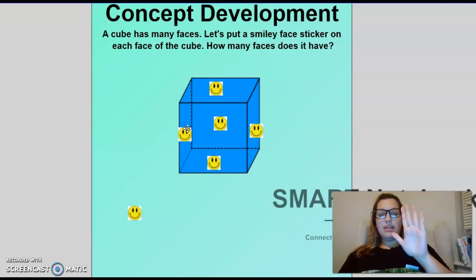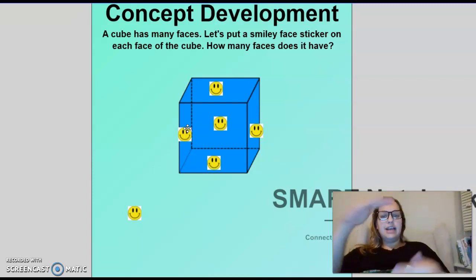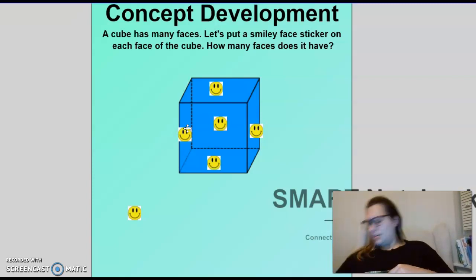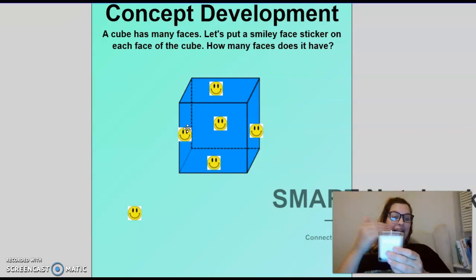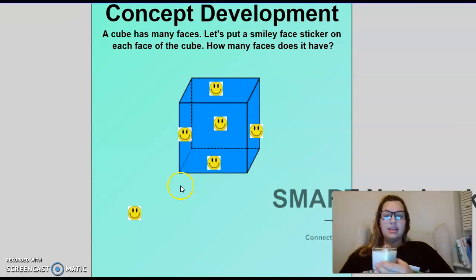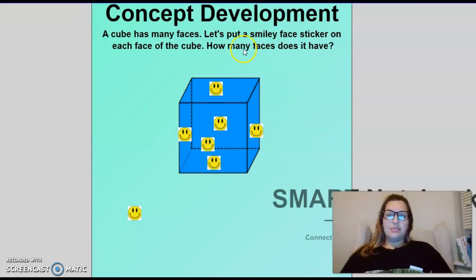And if we had one on the right and the left, the top and the bottom, the back, so I went over, under, beside, behind, and then I need to do in front of. Very good. Look how many smiley faces we have. 1, 2, 3, 4, 5, 6. How many faces does a cube have? 6 faces. And there are 6 squares that make a cube. So there are 6 faces.